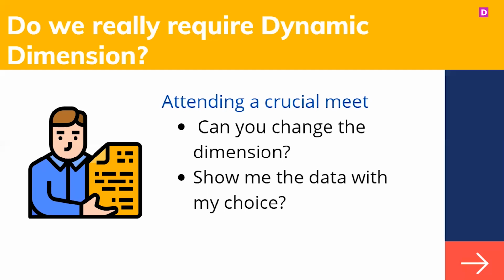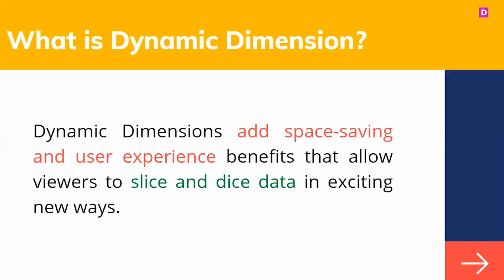So for that, they wanted to dynamically change the dimension in the same visualization, and then just have an idea of what's happening. All right, so this is the idea, and this is the reason why we are going for something called a dynamic dimension or your measure as well.